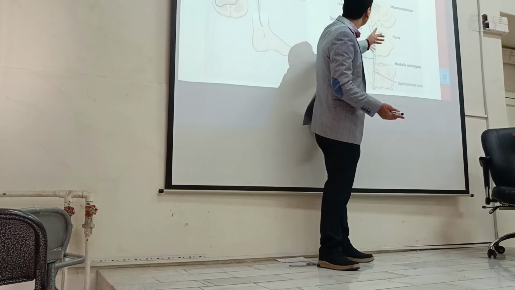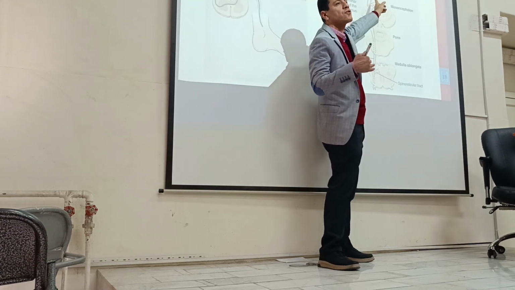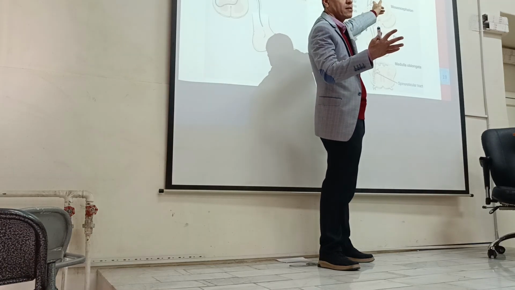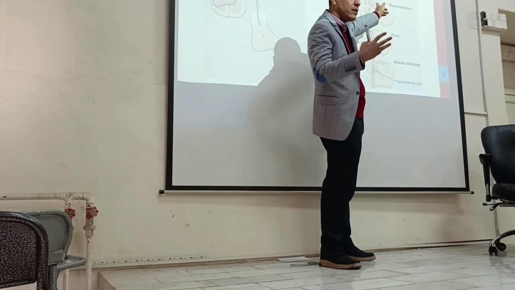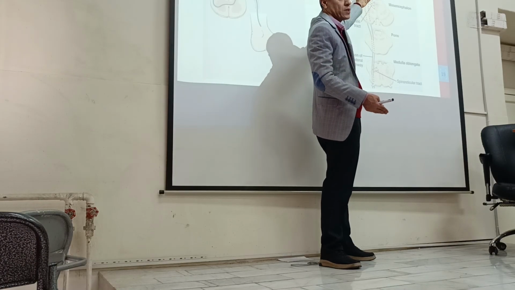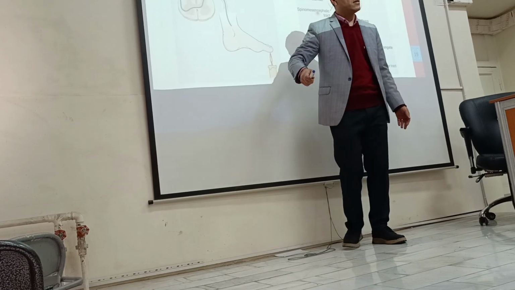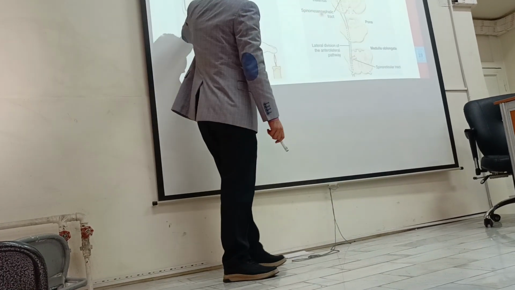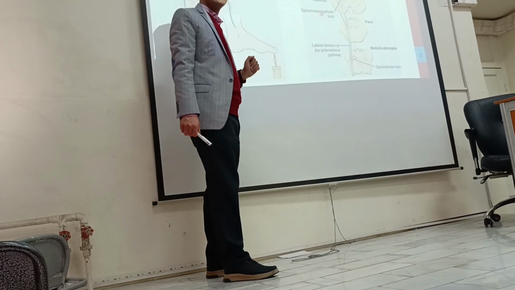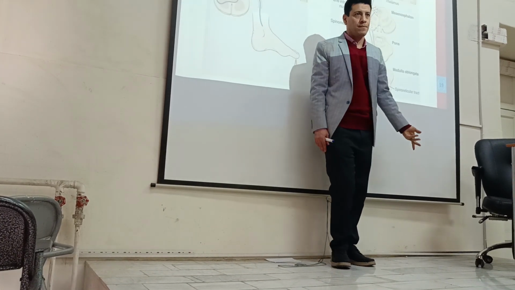They go directly to the thalamus, again the ventral posterior nucleus. From the VPN, fibers go to the cortex. So the first neuron is in the DRG, the second neuron is in the spinal cord, the third neuron is in the thalamus. Got this?